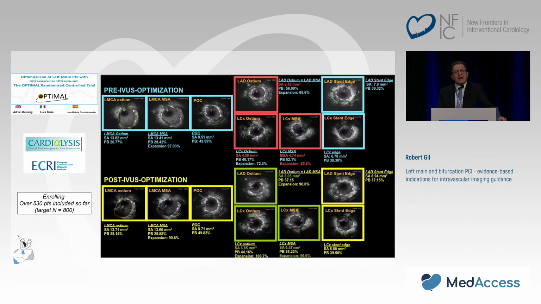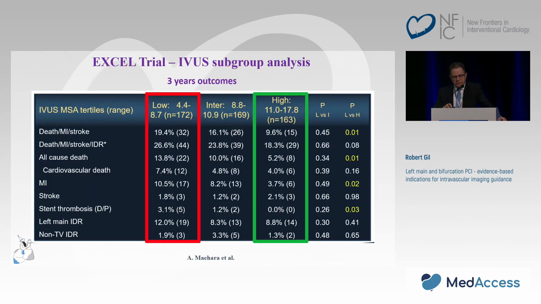Here you can appreciate how precise, how meticulous is the assessment of every part of the bifurcation before and at the end of the procedure, just to gain optimal results, which translate into the clinical outcome of the patient.